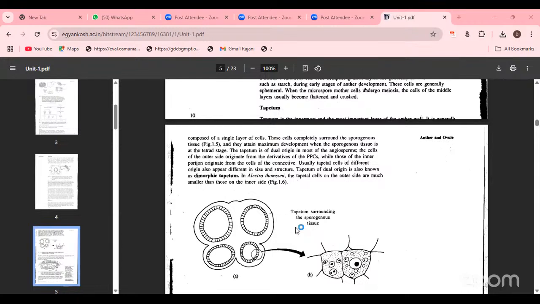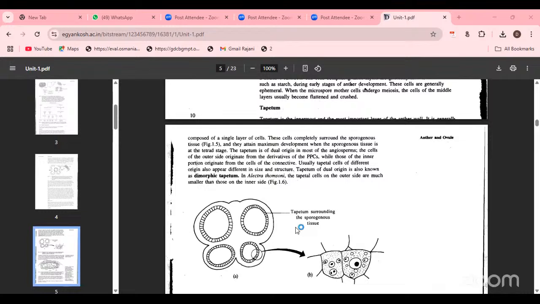of dual origin. Most of these cells usually differ in structure.